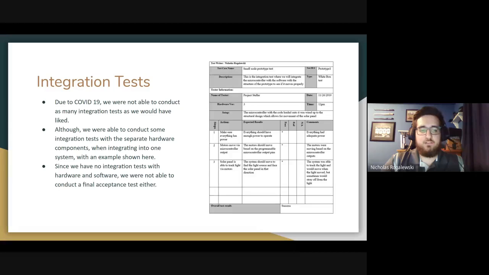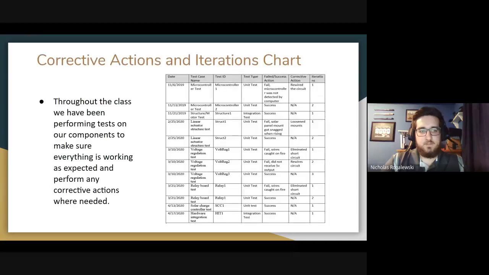We don't have any integration tests for the hardware and software together due to not being able to meet due to COVID-19. So we also don't have a final acceptance test for the project either. And then here's the corrective actions and iteration chart to show all the unit and integration tests, the failures and successes, and what we did to correct each of the problems that we found.